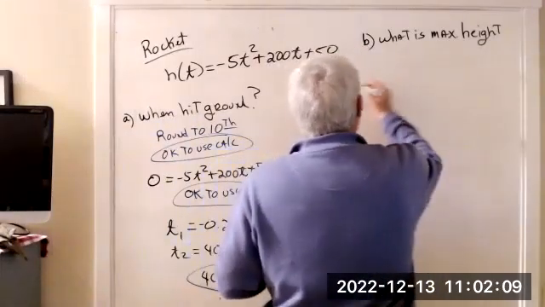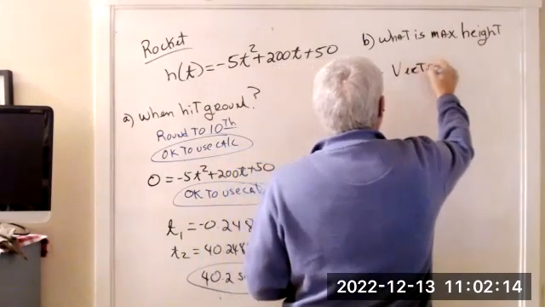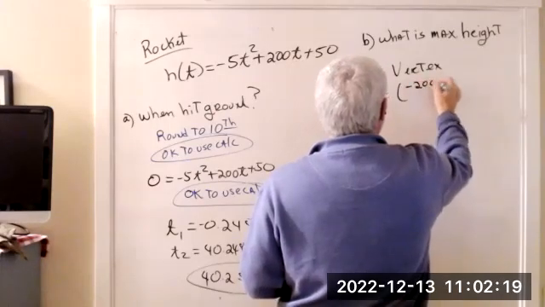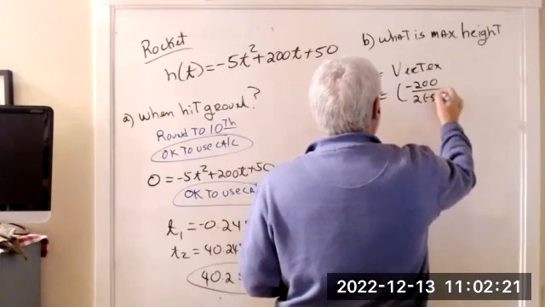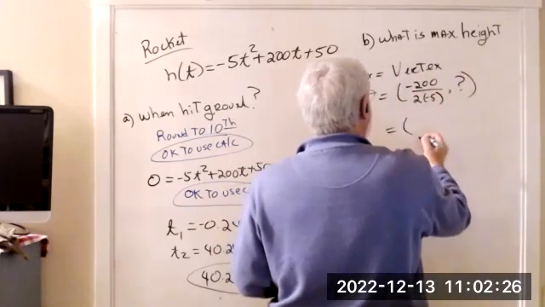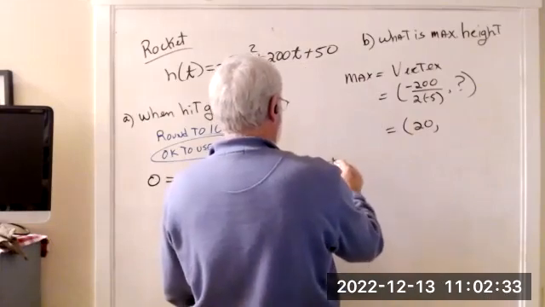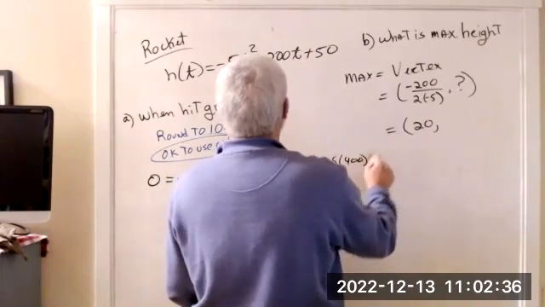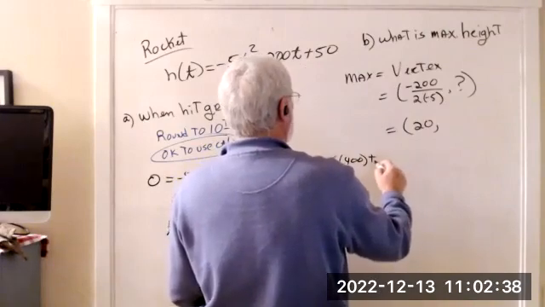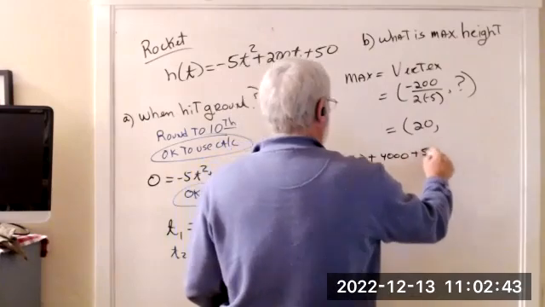Okay, so the max height is the vertex, which is negative b over 2a, so negative 200 over 2 times negative 5, comma, something, so that's 20, comma, something. Now, what's negative 5 times 400 plus 4,000, plus 50?